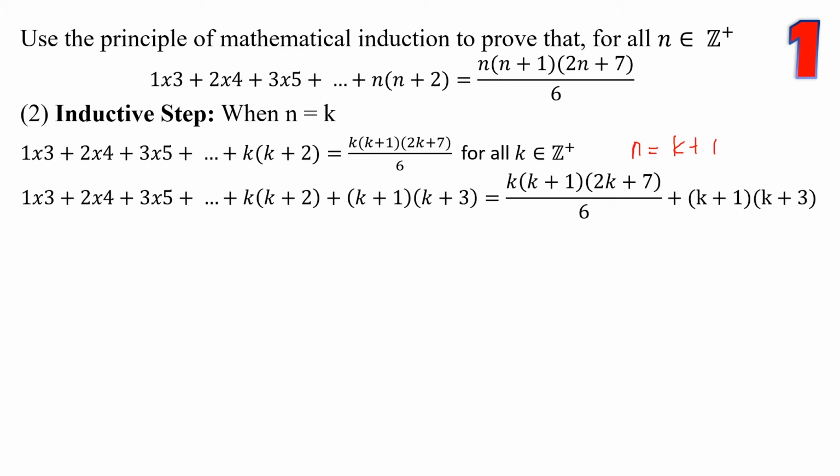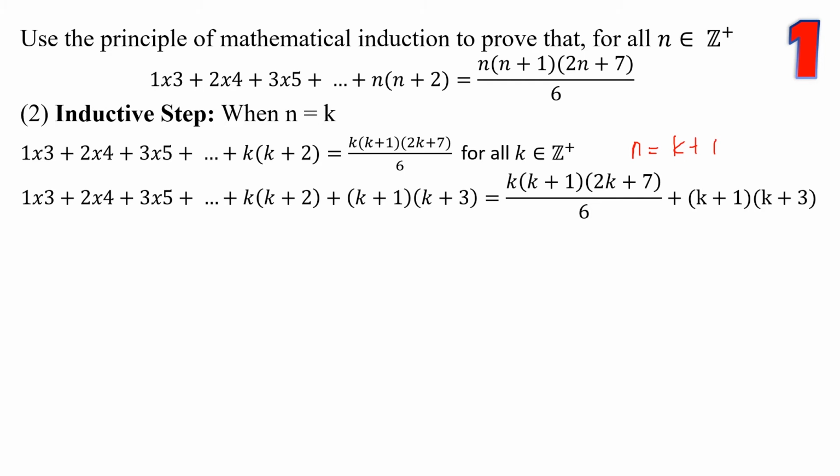So we have k plus 1 times k plus 3. On the right-hand side of the equation, we would have the original formula for the sum, that is k times k plus 1 times 2k plus 7 all over 6, plus k plus 1 times k plus 3. That is the next summand.